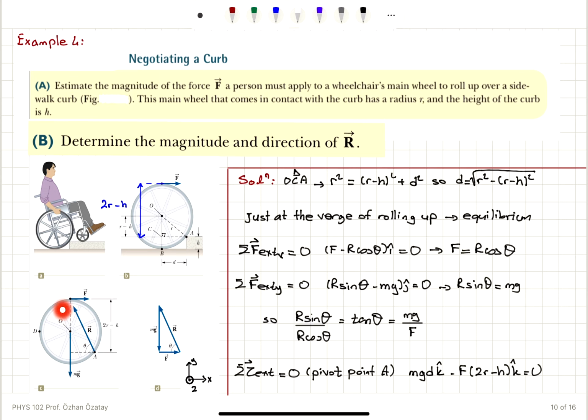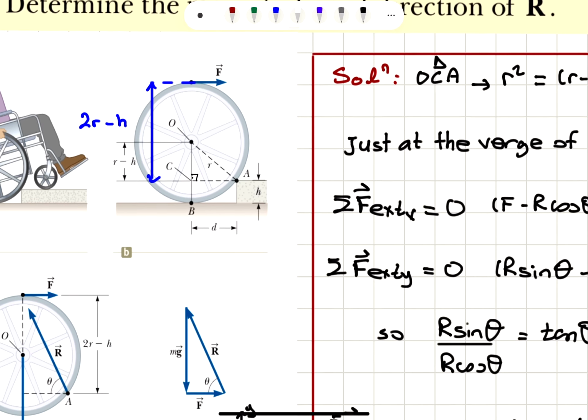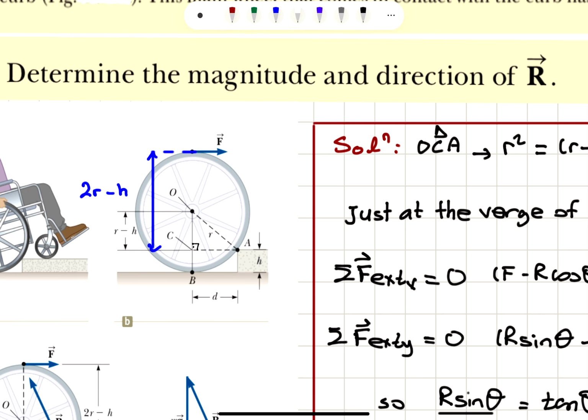And we want to know the contact force R between the wheel and the curb. So first we have looked at the vertical distance with respect to this pivot point A here.